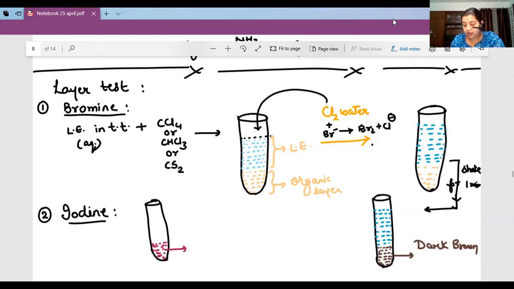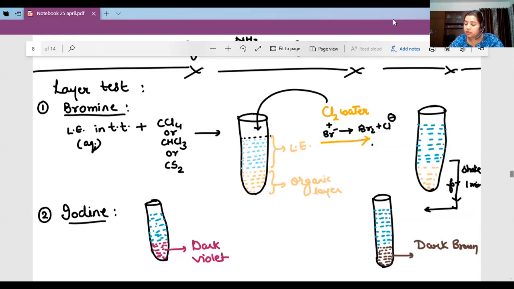If you have a dark violet layer, then it will indicate that it was iodine. Okay, so this is how you can confirm that the unknown organic compound could have bromine or iodine in it.